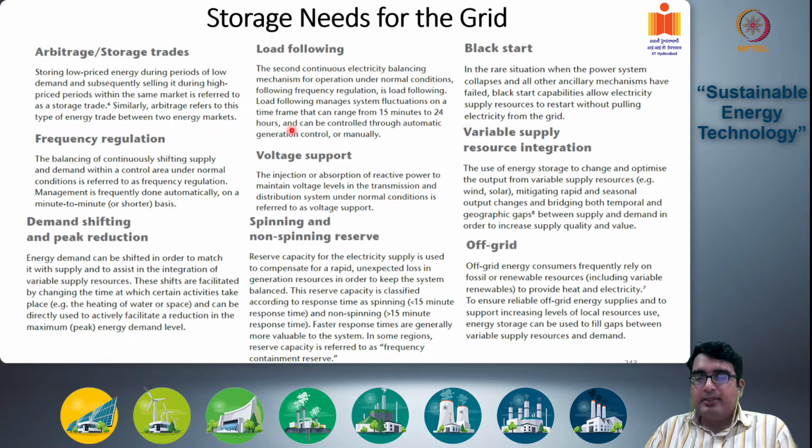Peaking power plants and cycling power plants that are added on during periods of high demand are an example of load following. You are adding extra capacity during periods of high demand and then turning them off during periods of low demand so that you are able to match the load.